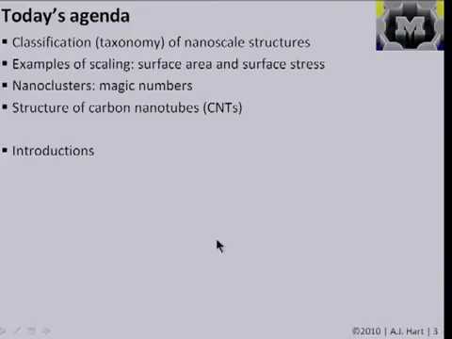All right, so today we're going to talk about general classifications of nanoscale structures, sort of naming and taxonomy. We'll talk about a couple examples of scaling, really elementary examples, but starting to get in our minds the idea of how things are different at the nanoscale in the case of high surface areas and stresses and pressures introduced by the existence of a lot of surface. Then we're going to talk about what I think for us is a kind of mathematical concept, this idea of magic numbers.